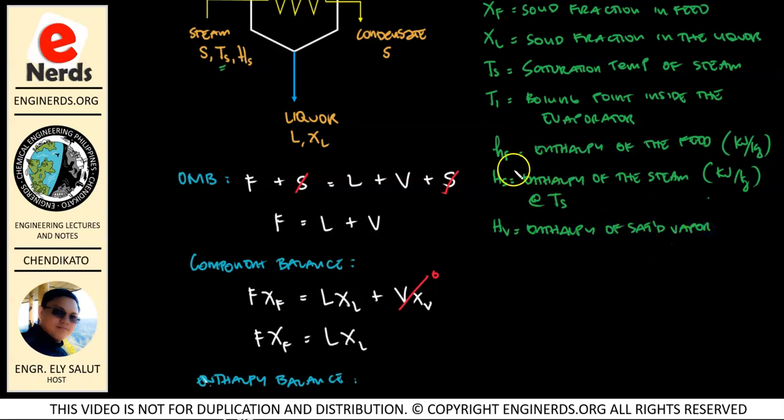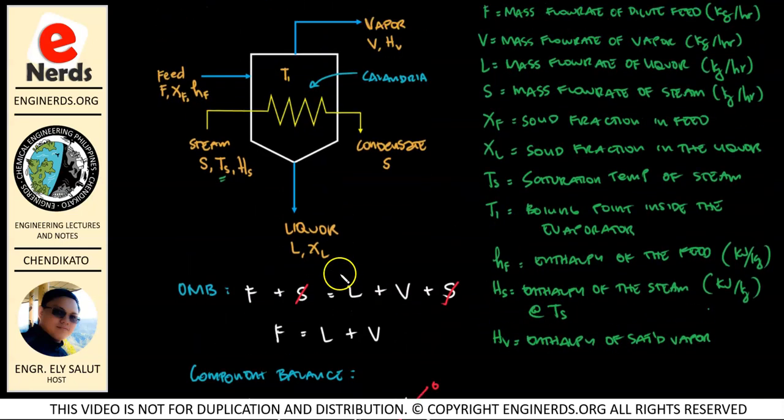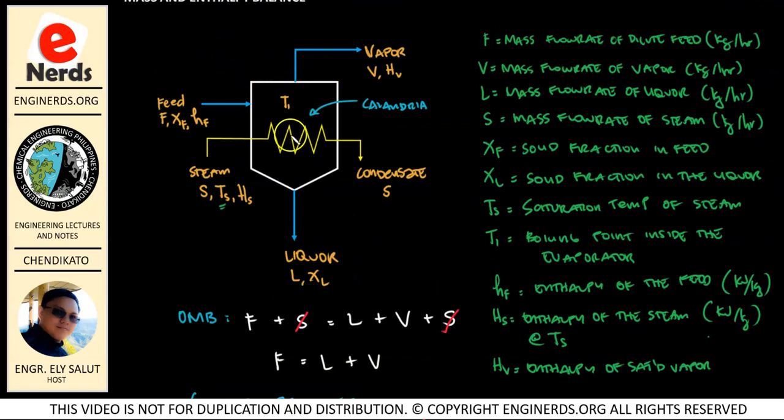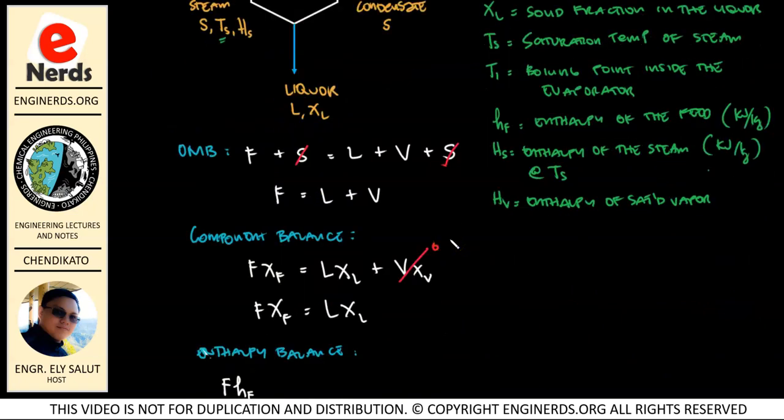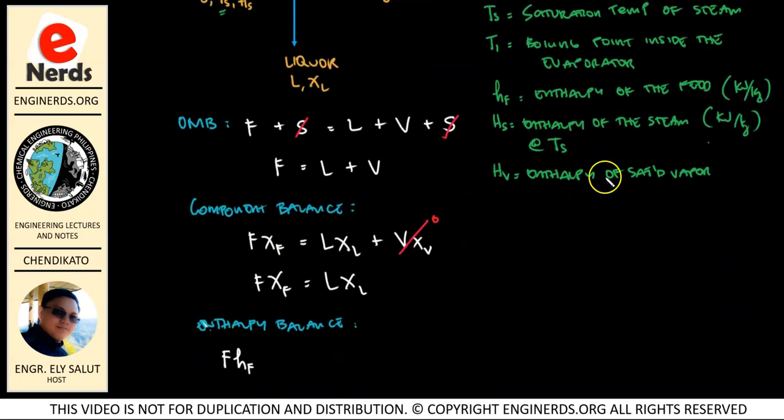And kung ang ating steam is measured at its saturation temperature, well, our enthalpy of saturated vapor is measured dito sa temperature na mini-maintain natin dito sa ating evaporator, because that is the boiling point, okay, in our evaporator. So, this is temperature T1. Okay, so the unit is also kilojoule per kilogram. Okay, so again, yung T1 is the boiling point inside the evaporator, which is maintained by certain vacuum condition. No? So that is our HV.